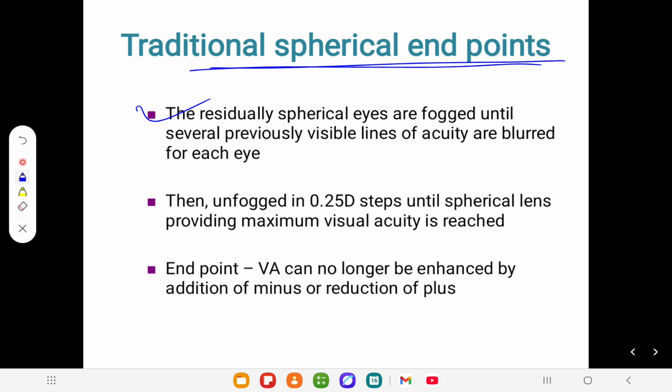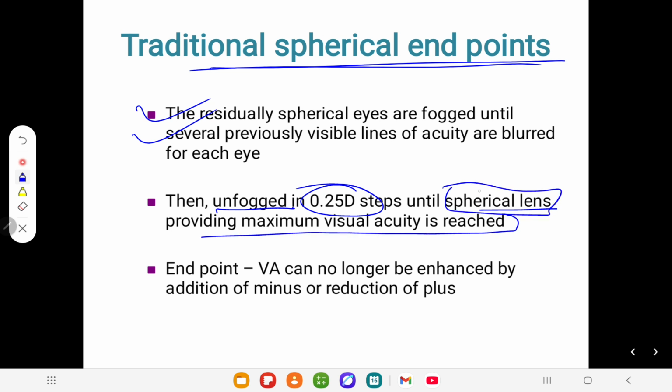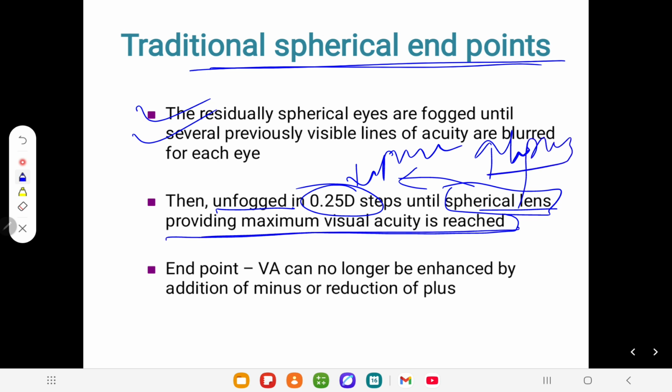Basically, we again push the focal point in front of the retina and push it back to the retina, just optimum. And then what do we do? We fog first and then unfog in 0.25 steps until the spherical lens of maximum visual acuity is reached. And what is that spherical lens? The lowest minus and highest plus. Basically it means accommodation is relaxed, isn't it? So it provides maximum visual acuity.